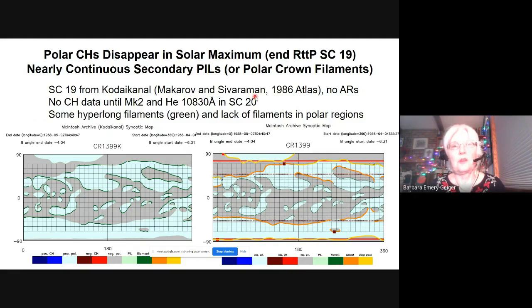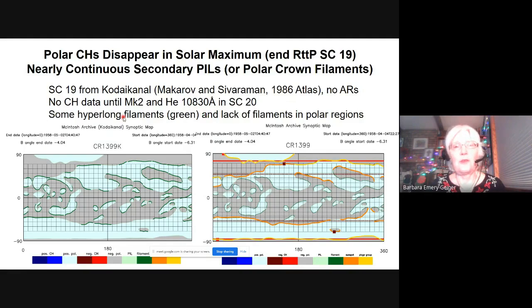For this particular stuff, we're taking it from the Kodaikanal images, H-alpha images. It's an atlas by Makarov and Sivaraman in 1986. There are no active regions, there's no sunspots, there's no plage regions, and there's no coronal hole data until we get into particularly this helium 10830 angstrom in solar cycle 20.